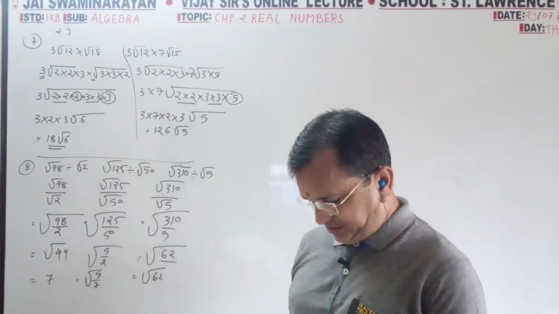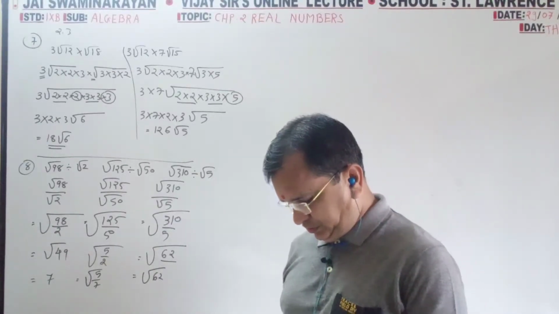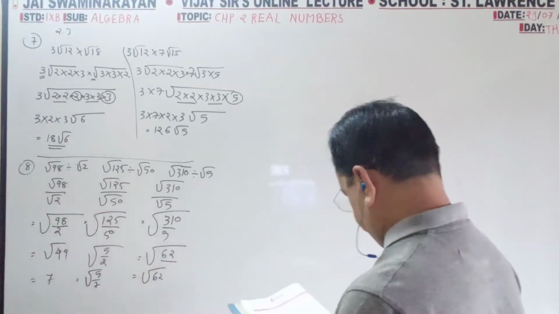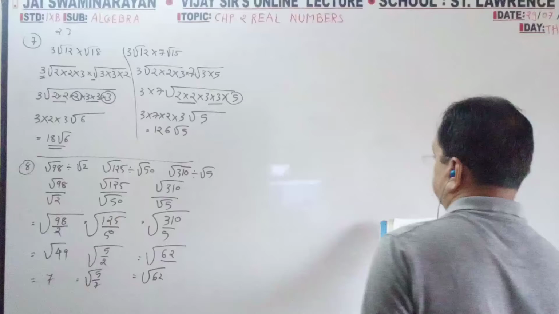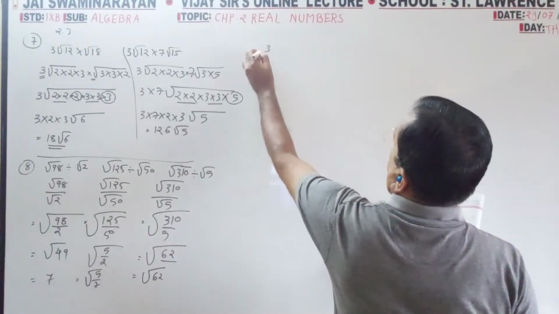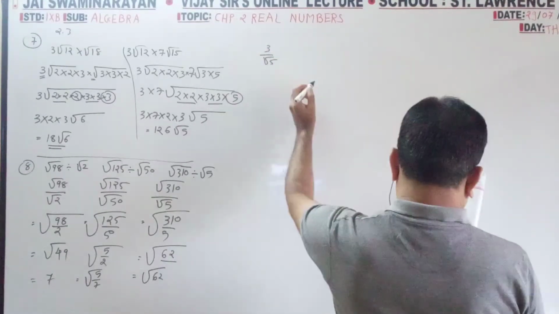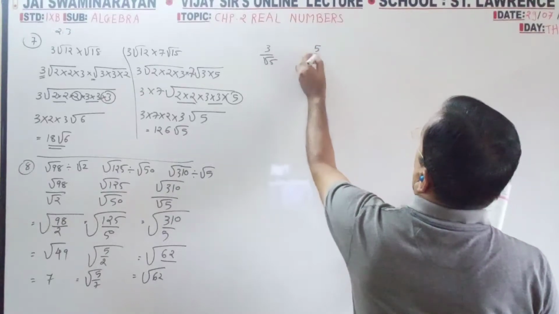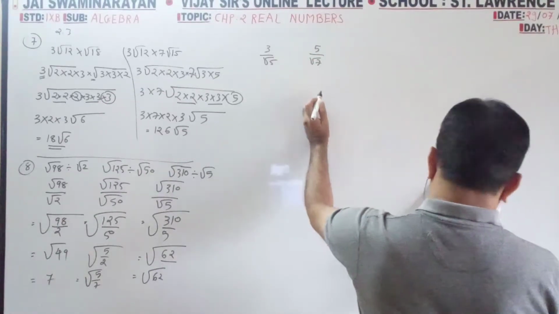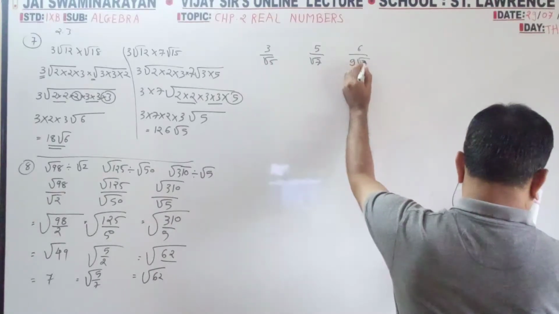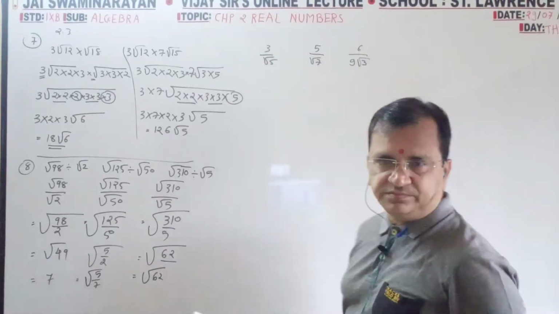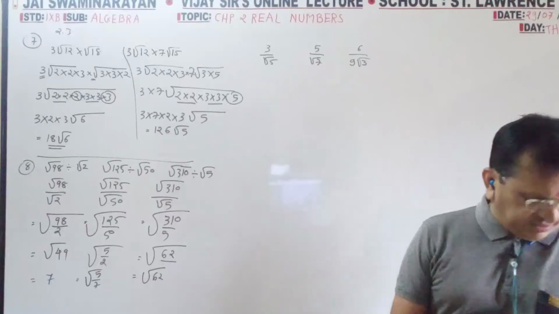Now rationalize. Three by root 5, 5 by root 7, 6 by 9 root 3. This is very important.